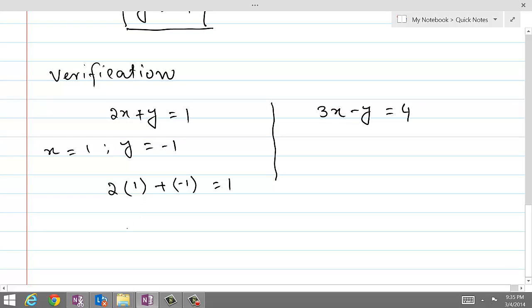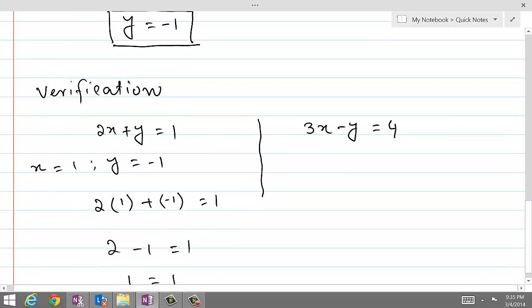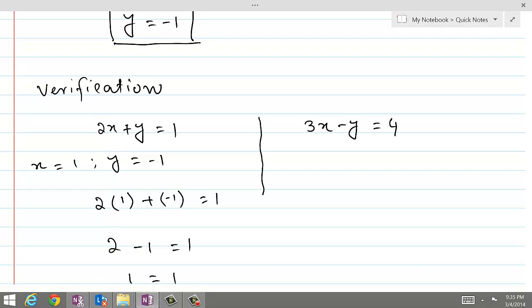So this should be 2 minus 1 equal to 1, and 1 is equal to 1. So equation 1 is satisfied for this pair of x and y, which means that this point 1, minus 1 lies on line 1.